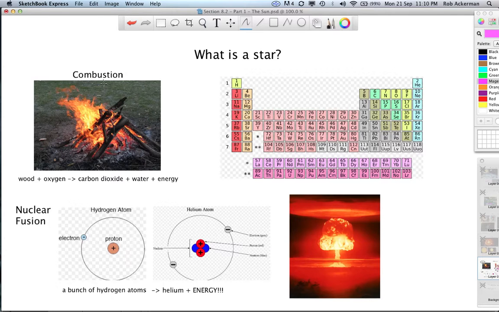Well, we now know that the sun and all stars are made up of almost all hydrogen. That's the first element on the periodic table. They're made up of something like 90% hydrogen, then about 9% helium, and the remaining 1% is some mixture of most of the other elements that you see on the periodic table.